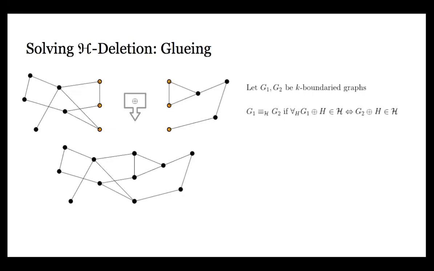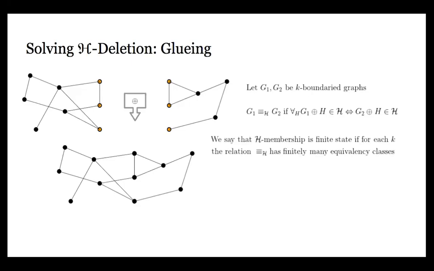We say that boundaried graphs G1 and G2 are equivalent when, after gluing any other graph H, this gluing product belongs to the target class H if and only if the other gluing product belongs to the class H. For example, for bipartite graphs, the two boundaried graphs would be equivalent if the odd and even cycles enforce the same relations on the boundary.